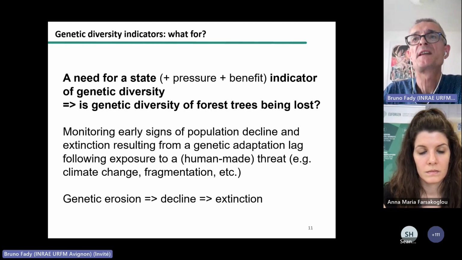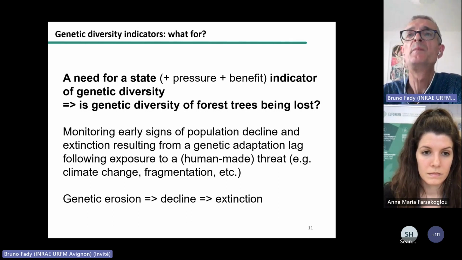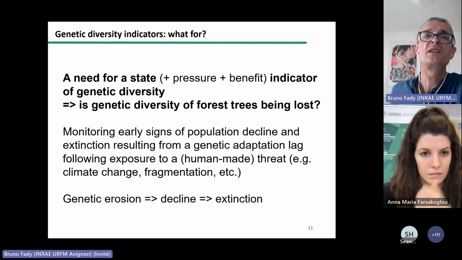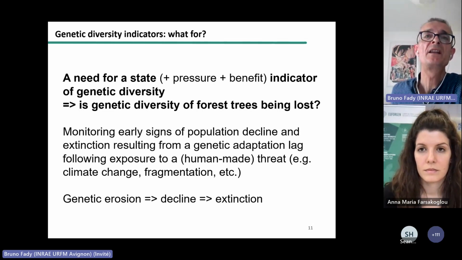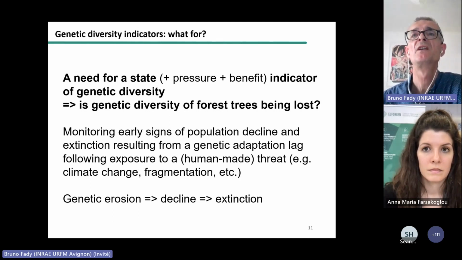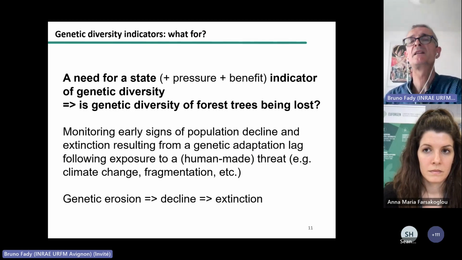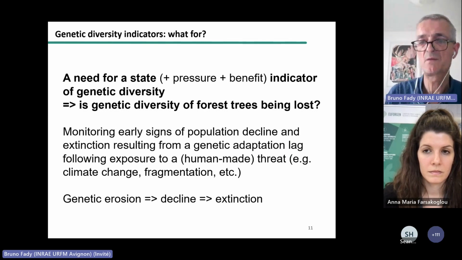For the reasons that were stated by Sean and by Juanjo, we need to monitor early signs of population decline and extinction, and this would be done easily by genetic indicators, which might not be seen from census sizes or fragmentation, etc. So what we need to know is, do we expect decline, then extinction, from human-made threats such as climate change and fragmentation, etc. And for this, we need to measure genetic erosion.